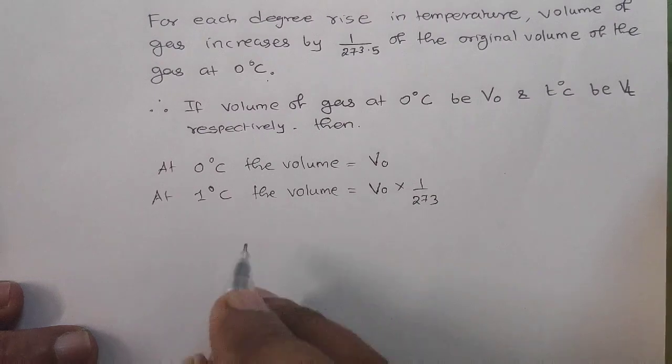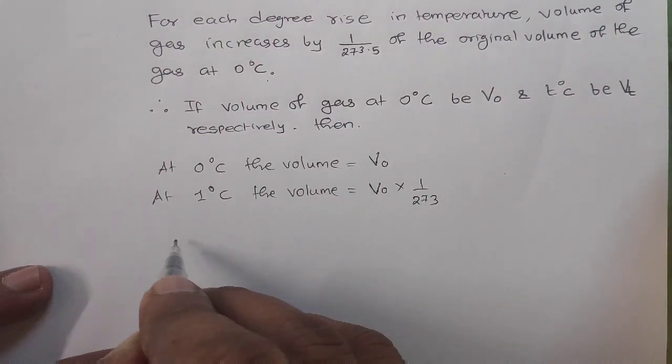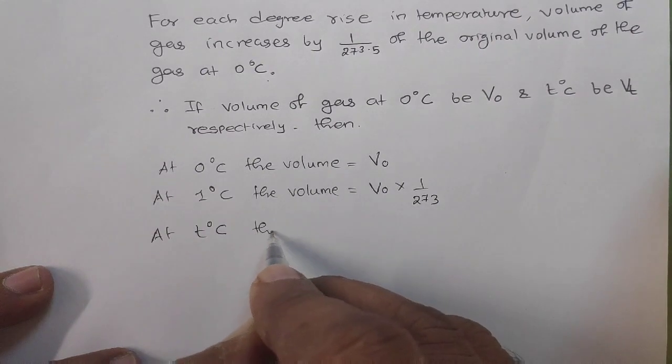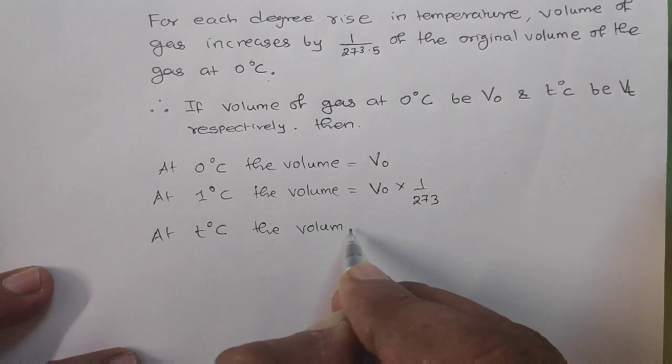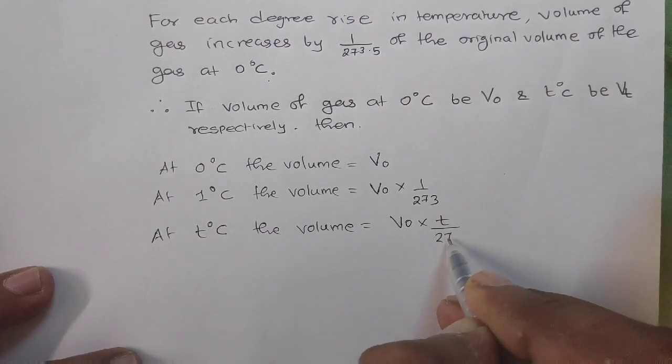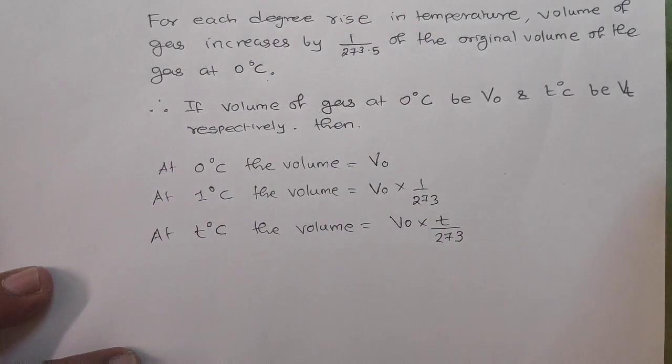Now if it is at T degrees Celsius, we can write the volume increase will be equal to V0 into T by 273.